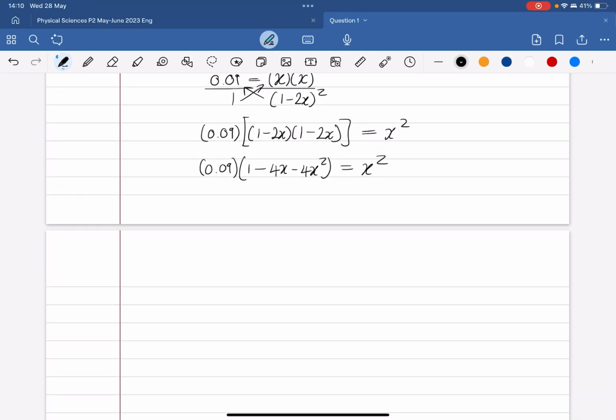If we continue, we're going to have 0.09 minus 0.36x plus 0.36x squared minus x squared is equal to 0. Then you're going to have negative 0.64x squared minus 0.36x.